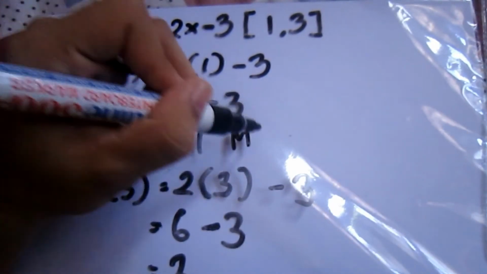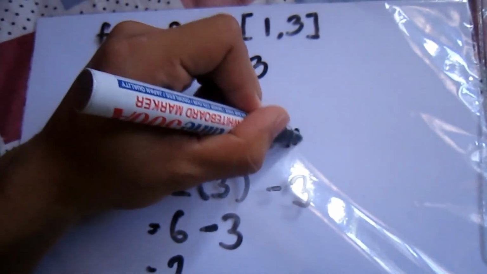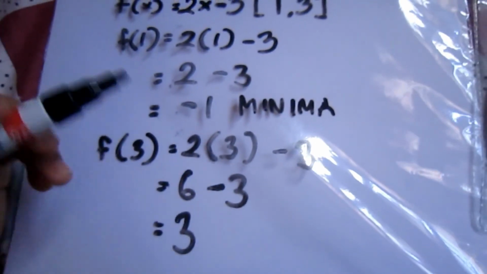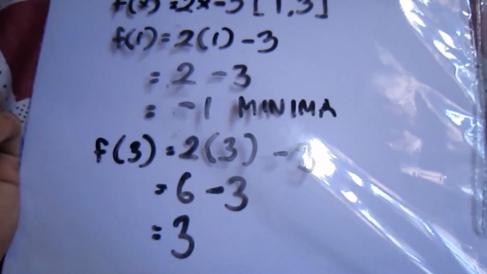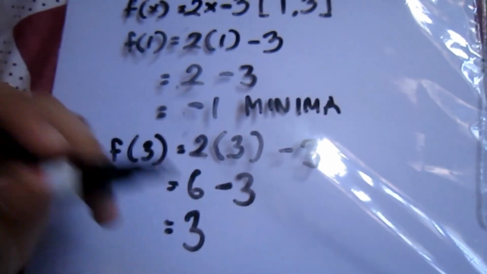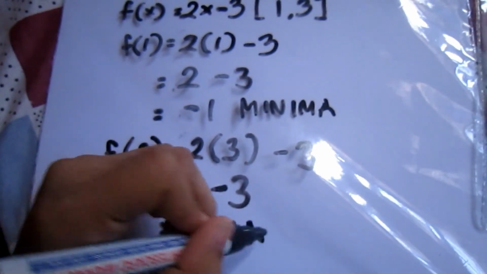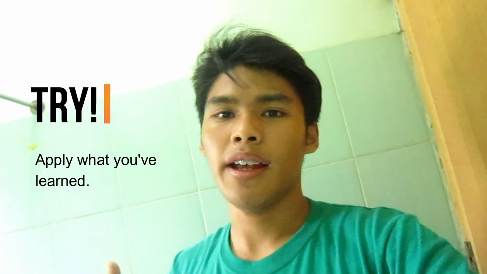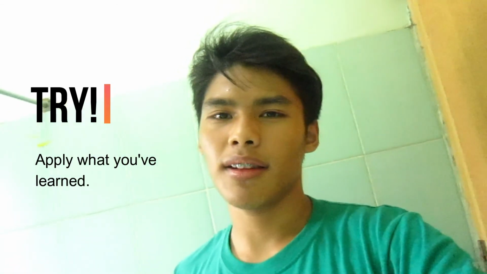So this is the minima. And 3 being the highest point or the largest value of the function, so this will be the maxima. So now that you're done learning, why don't you try some of the problems out? Let's see how you fare.